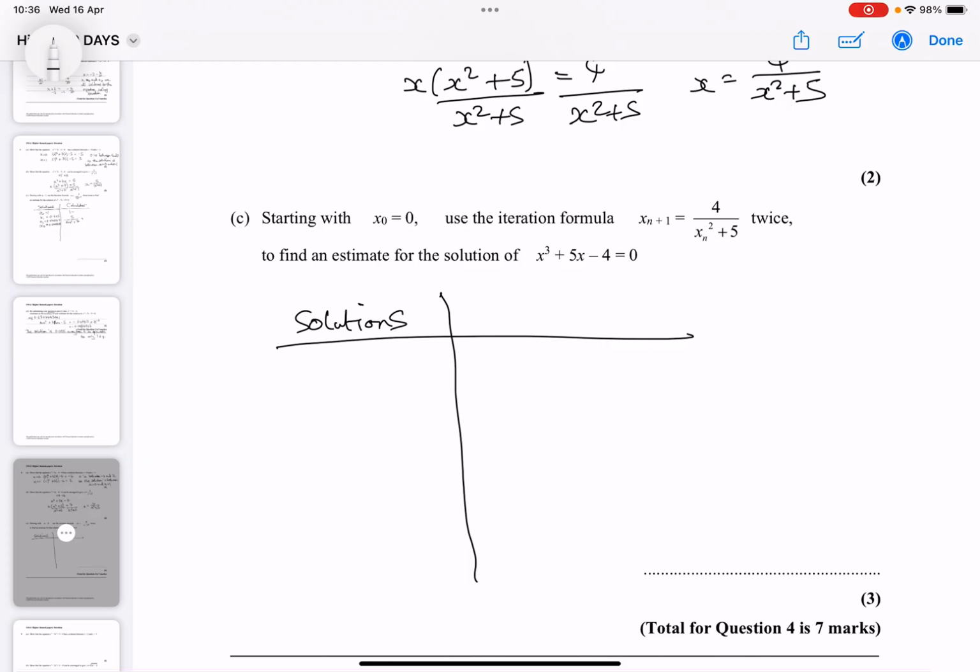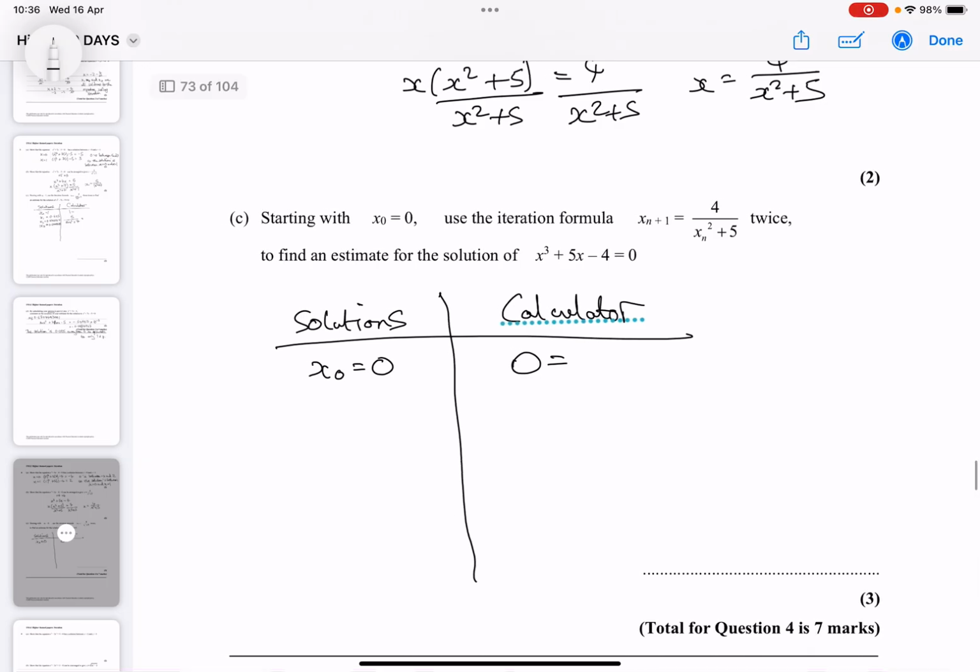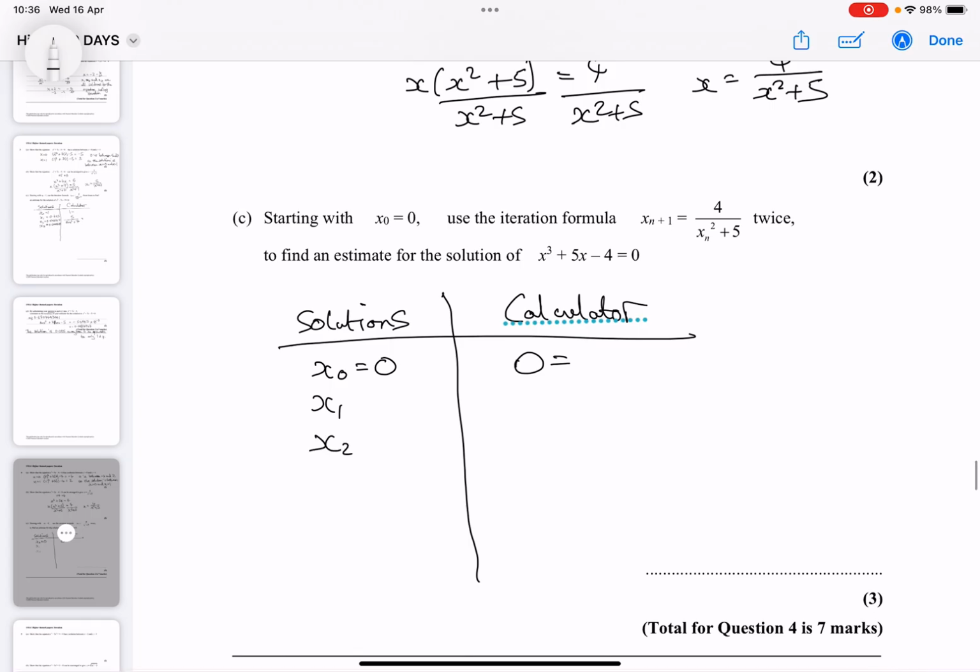Starting with x equals, so here I've got my solutions, and I've got my calculator. x0 equals 0. It says starting with x0 because it uses the iteration formula twice. So 1, 2, no more. Read the question. So I've got 4 over ans squared plus 5. What have I got? 0 equals, there's 0 in the bottom corner.